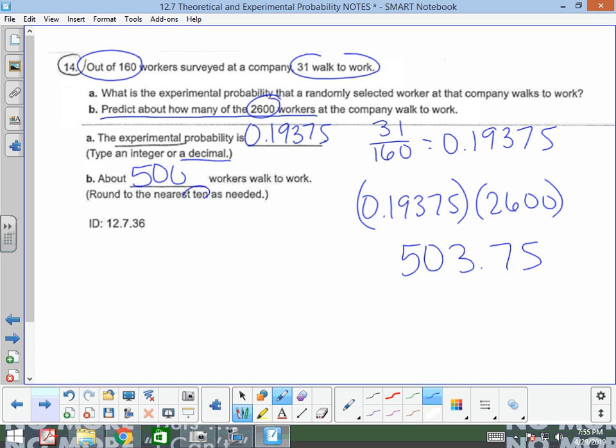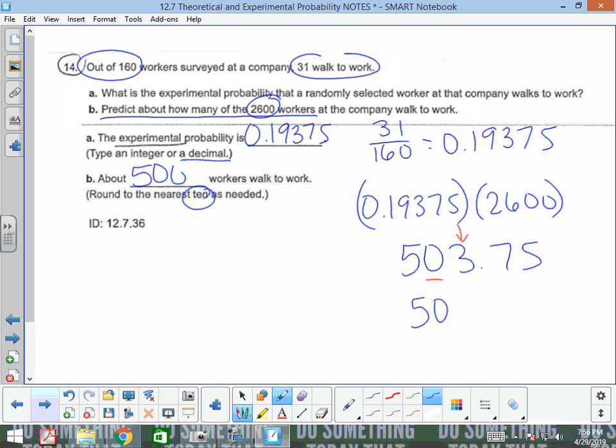This is rounding to the nearest tens, not tenths, tens. The number in the tens place right now is a 0, and the number to the right of that is not big enough to make that 0 go up. So we keep the 5 and the 0, and change the number in the ones place to a 0. So about 500 workers will walk to work.